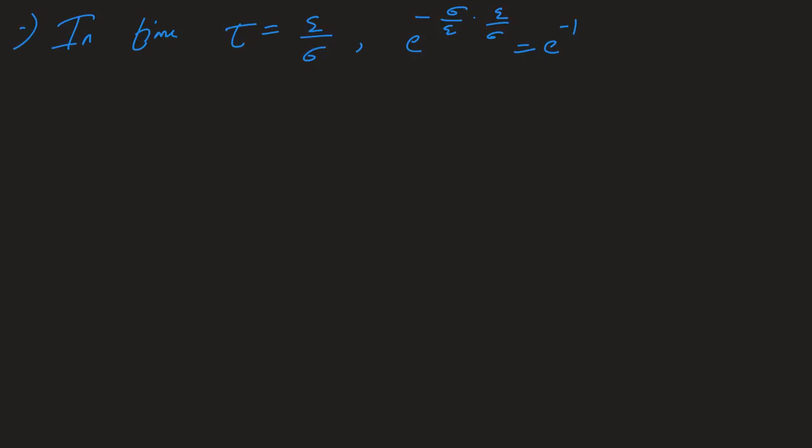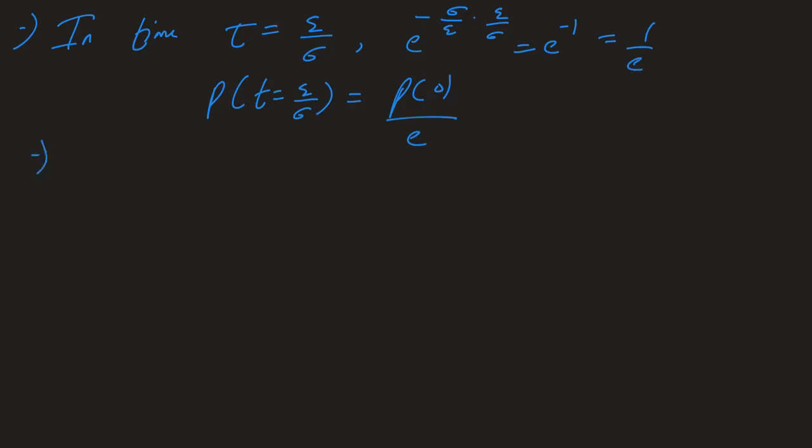So rho of t equal to epsilon over sigma becomes equal to rho at 0 over e. Okay, so you get a 1 over e decay in time epsilon over sigma.